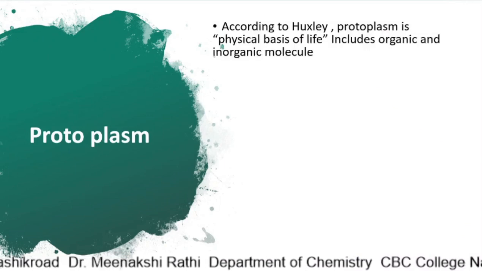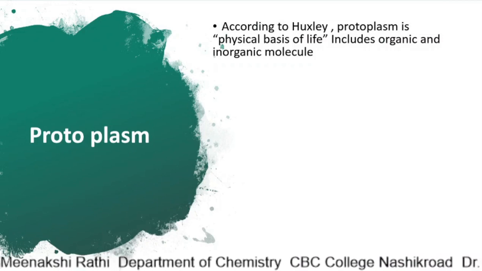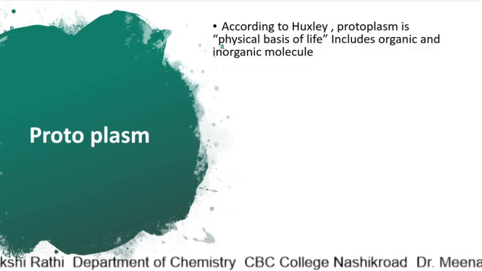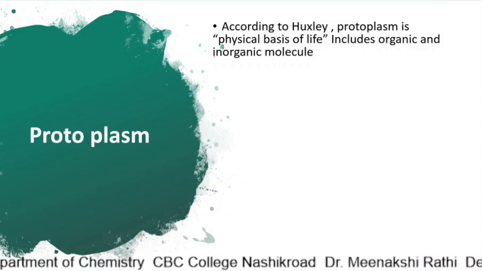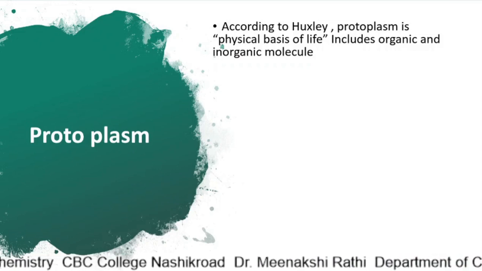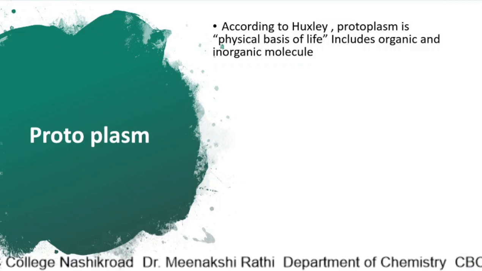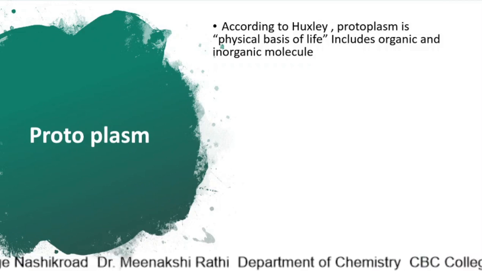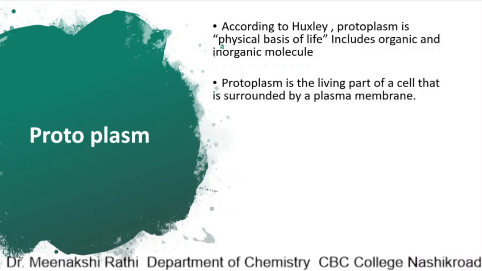According to Huxley, protoplasm is the physical basis of life and includes organic and inorganic molecules. If you remember the cell structure, the inner part of the cell is called protoplasm, while in some cases cytoplasm and protoplasm are the same.